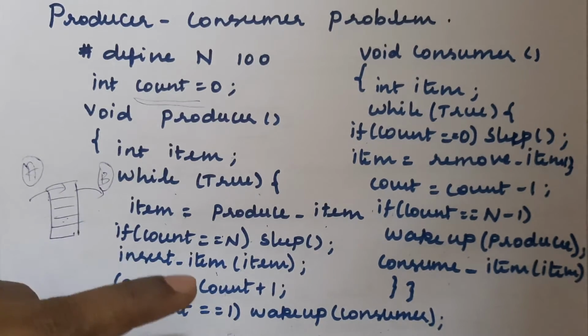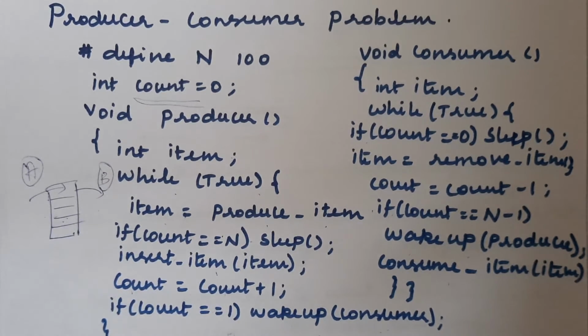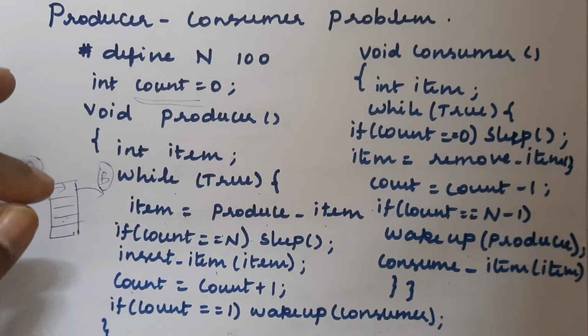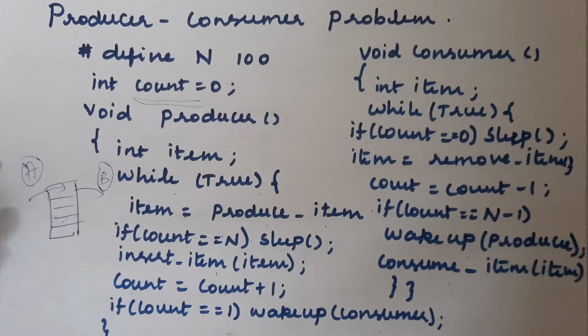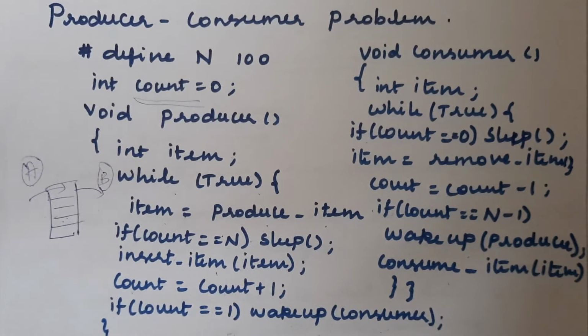But in some cases, logically, the consumer is not yet recorded as being in sleep mode. If it is logically not in sleep mode, whatever wake up signal is sent by the producer process will be lost. The wake up signal will not be received by the consumer process. This will also happen in some cases.